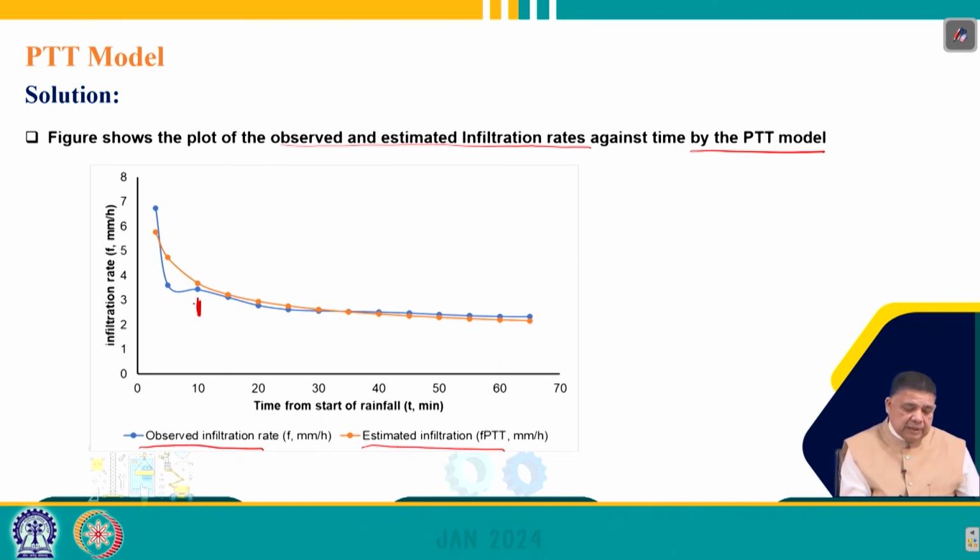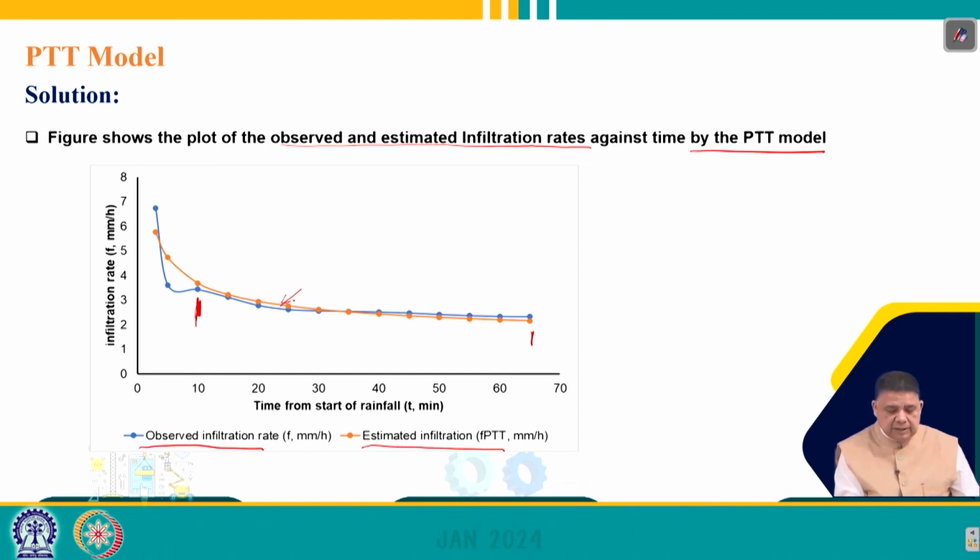And in the case of the Green-Ampt model, in the initial phases also the model was matching well. But here, as you can see, even in this 10 to later period, this model either underestimates or overestimates.